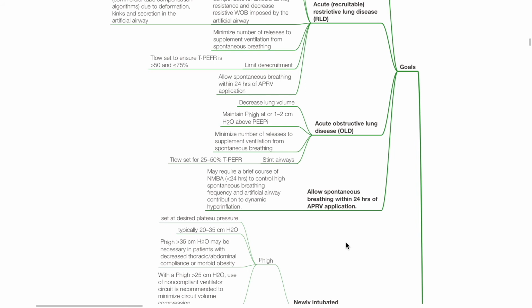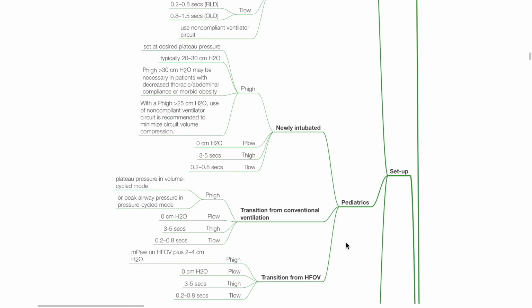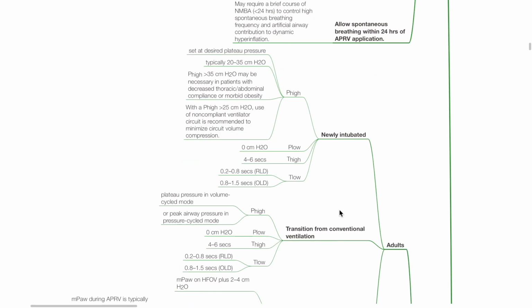Allow spontaneous breathing within 24 hours of APRV. This may require a brief course of non-depolarizing neuromuscular blockade to control high spontaneous breathing frequency and artificial airway contribution to dynamic hyperinflation.